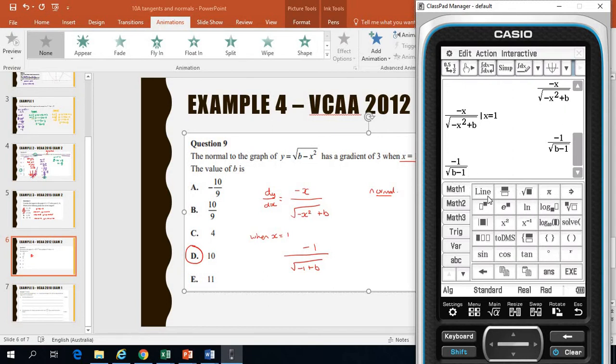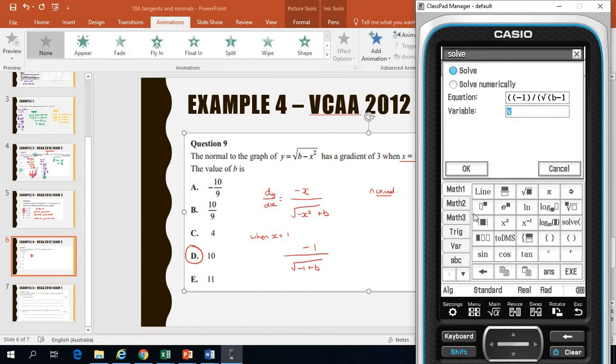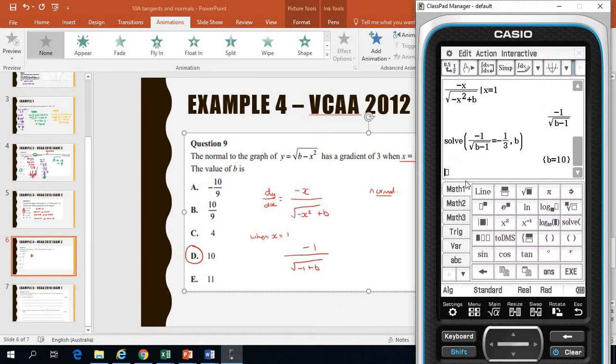Alternatively, we could flip the 3. So I could say I need this to be equal to -1/3. This will do exactly the same as the way that we did it. And we're wanting to solve, in this case, instead of solving for x, we're actually solving for b, and we get the same answer there of b equals 10.